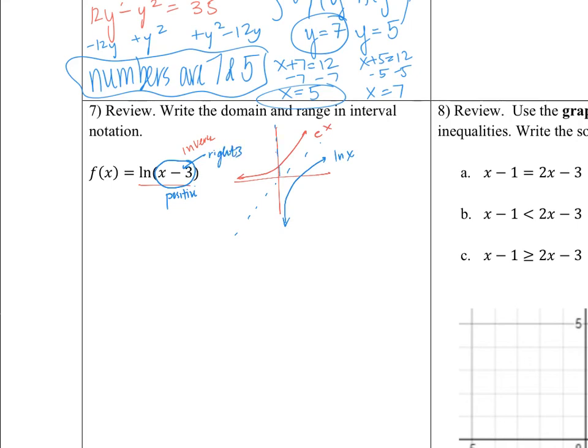So the vertical asymptote that is normally there on log is now going to be at 3. We have this shifted graph, and the x values are going to be from 3 to infinity. That's our domain. And our range is all outputs from negative infinity up to infinity.